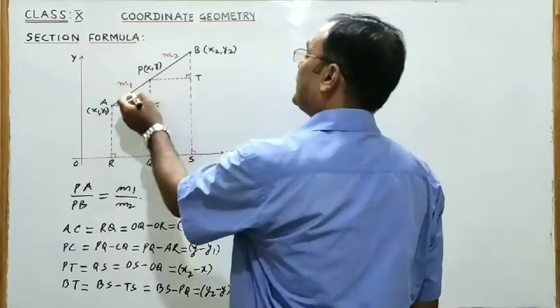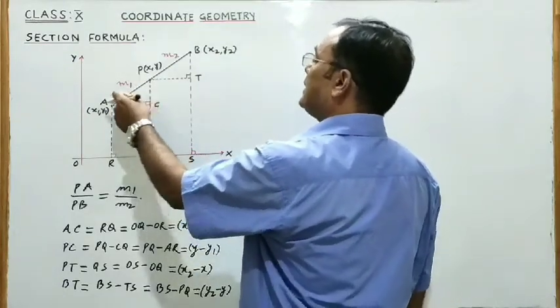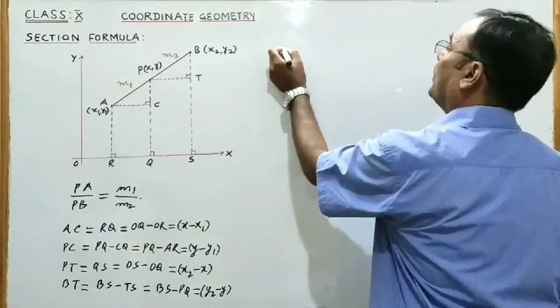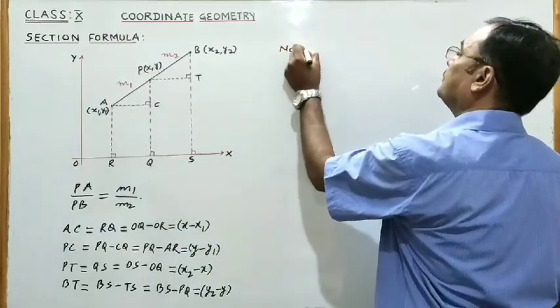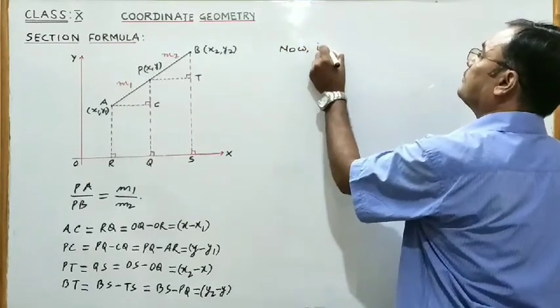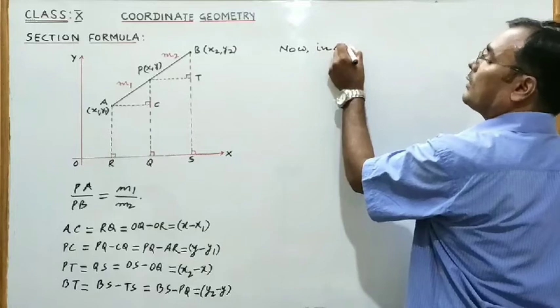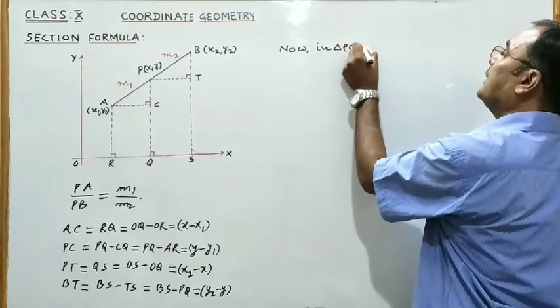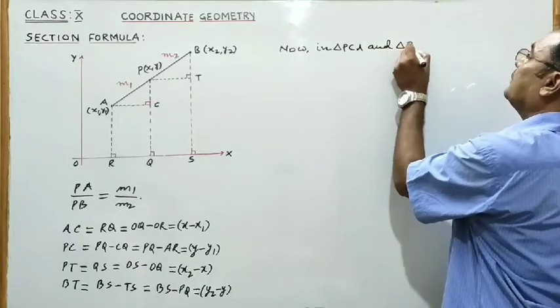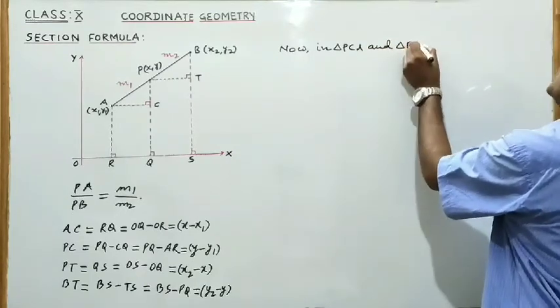Now consider the right triangles PCA and BTP.